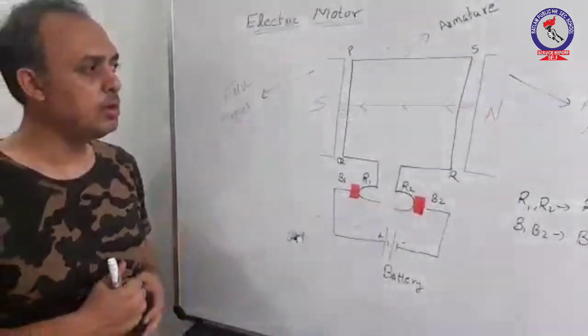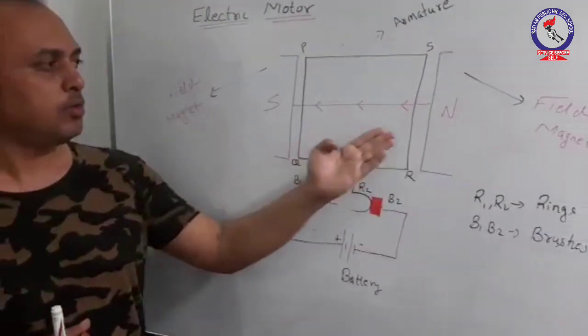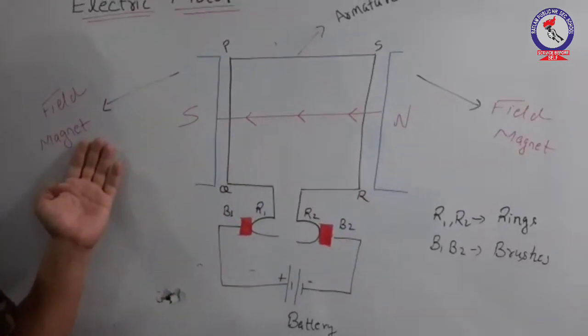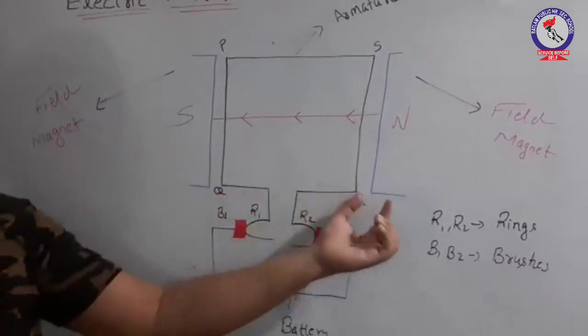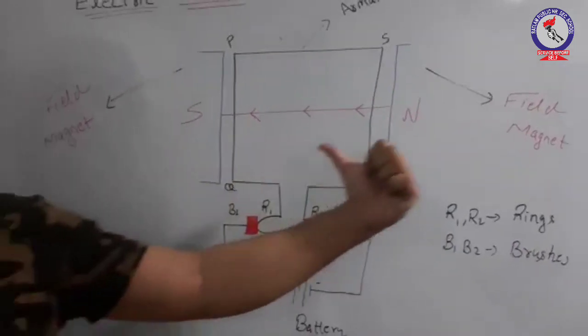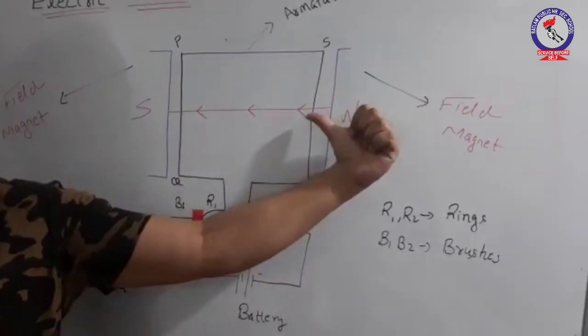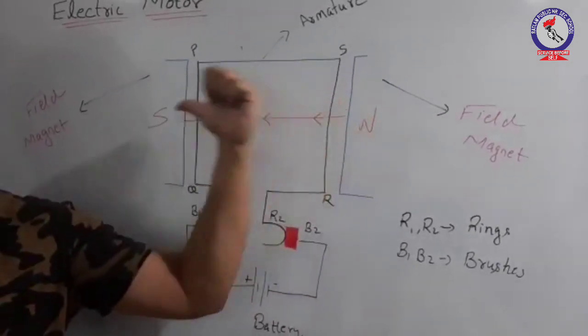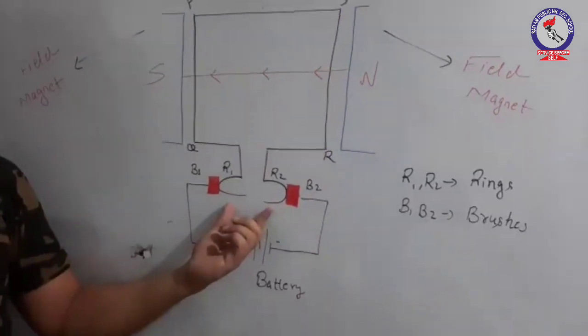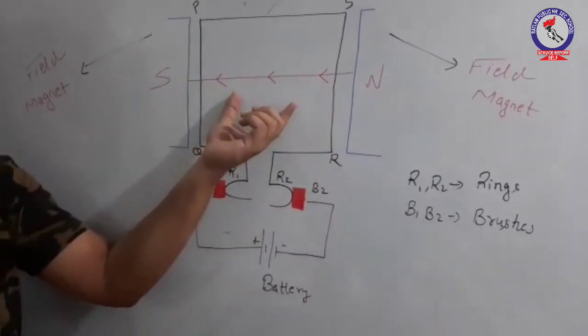Going through the simple description of it, as you can observe, it contains two field magnets for creating a very strong field, considering this as north pole and this as south pole. The direction of magnetic field will always be from north to south. R1, R2 are the rings connecting the coil.